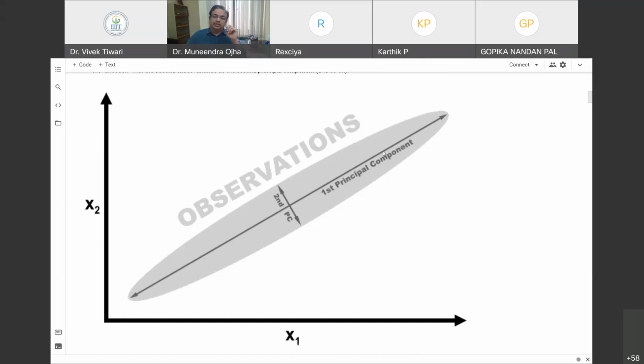The second principal component is obtained by the direction of the second eigenvector. So the second eigenvector gives us the second direction, and the second eigenvector will have the second biggest eigenvalue.